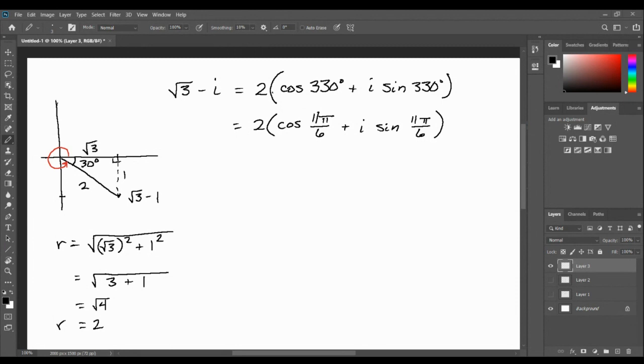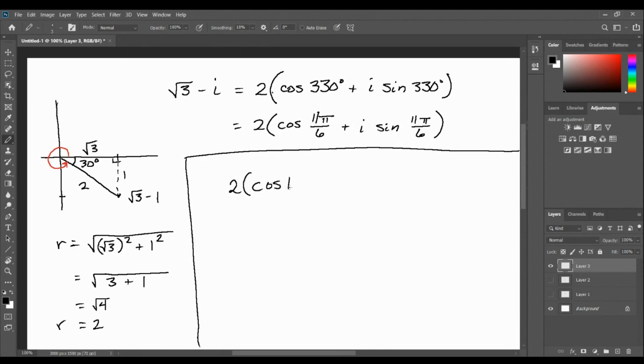So now actually let's convert over to standard notation, which is the a plus bi. Let me kind of separate this out, give myself a little bit of space here. I've got 2 cosine 120 plus i sine 120, and I need to take that over to standard notation a plus bi.